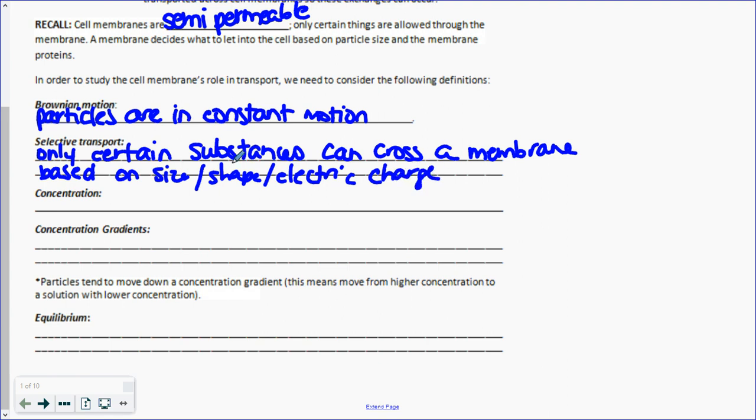So things that have highly positive or negative charges sometimes have a problem crossing the membrane as well.